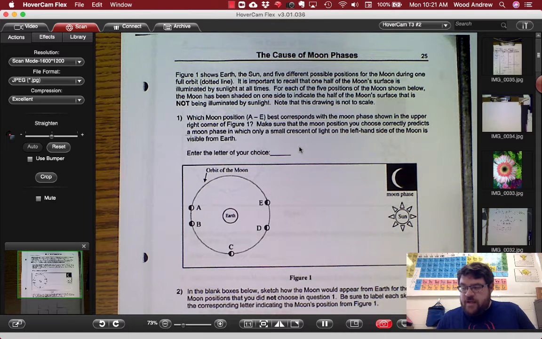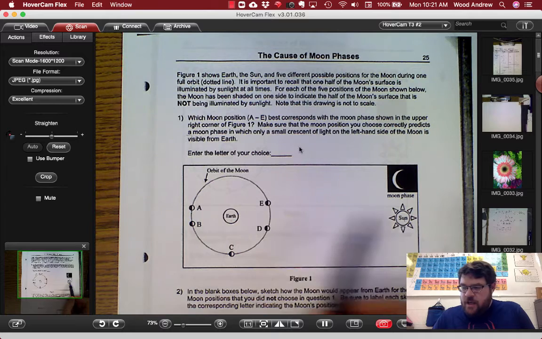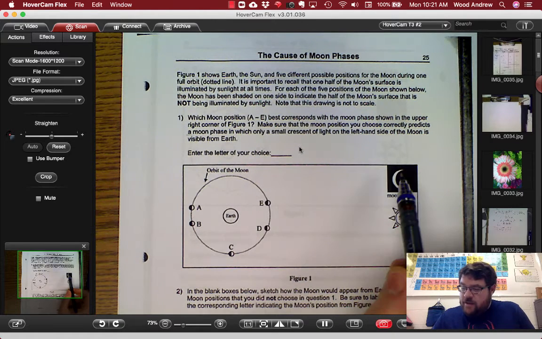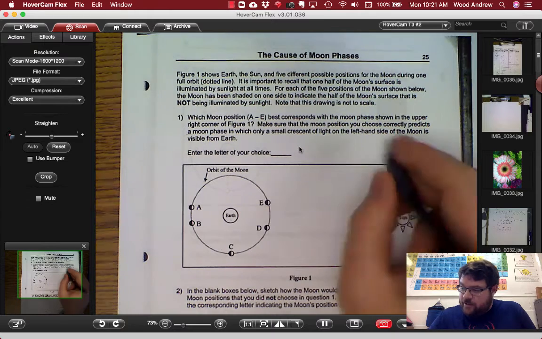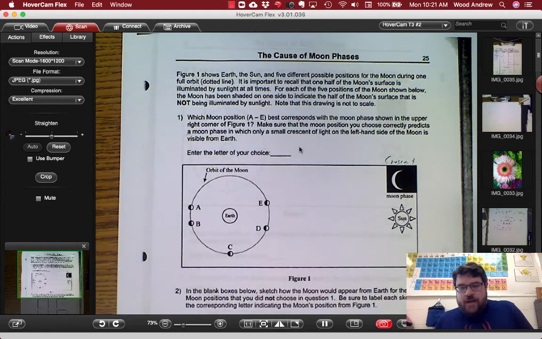So on this first page here, it gives you Earth, the sun, and then several different moon phases, or moon positions, I guess. And it's asking us, well, if this is my moon phase, which I would call a crescent moon, what position is that? A, B, C, D, or E?